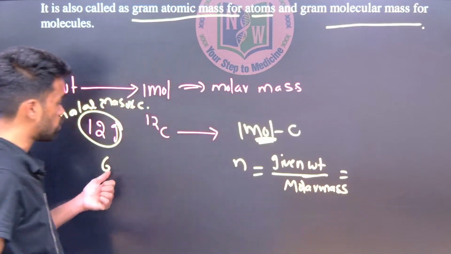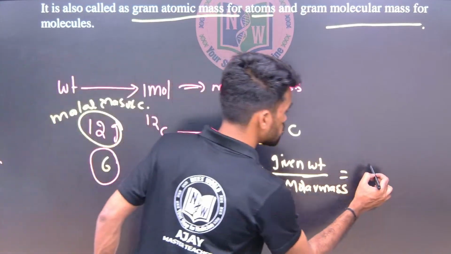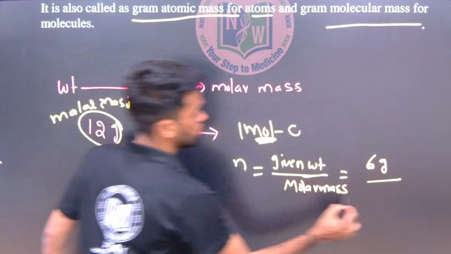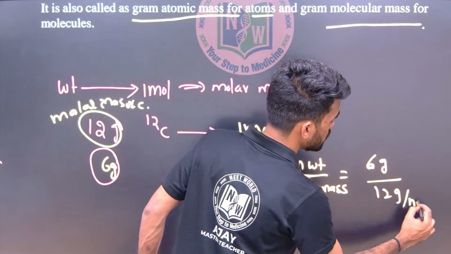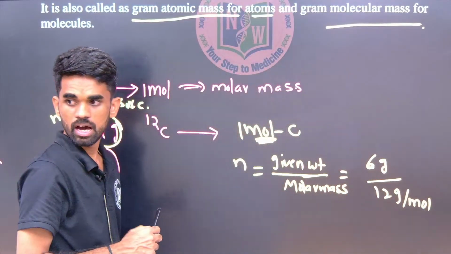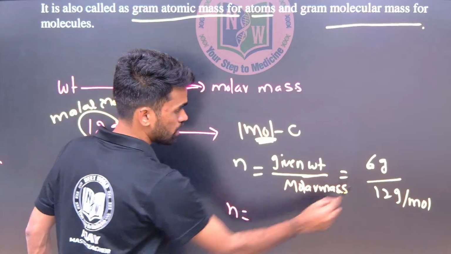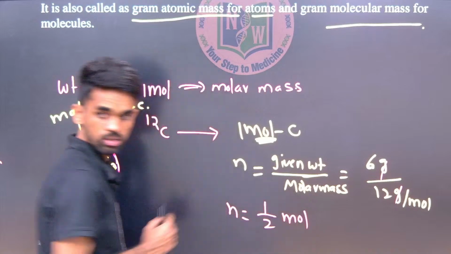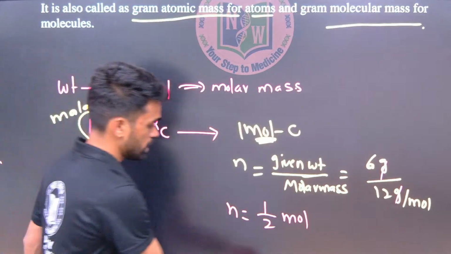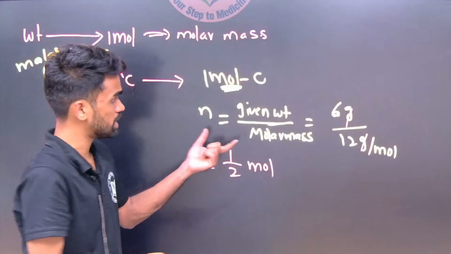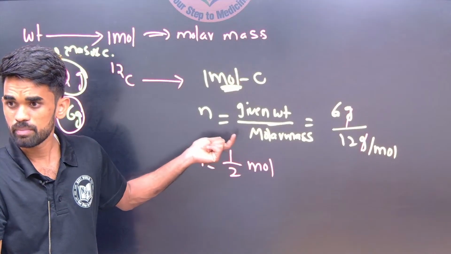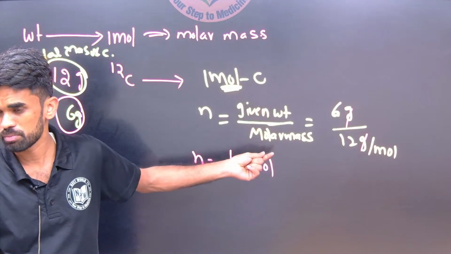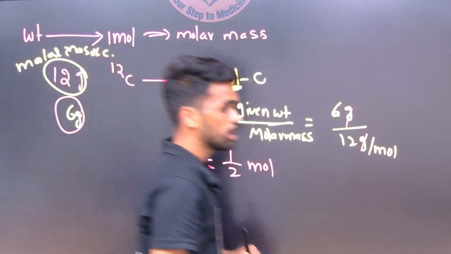The given weight is 6 grams, and 12 grams per mole is the molar mass of carbon. So the number of moles is 1/2 mole. The general formula you need to remember is: number of moles is calculated using given weight divided by the molar mass of that substance.